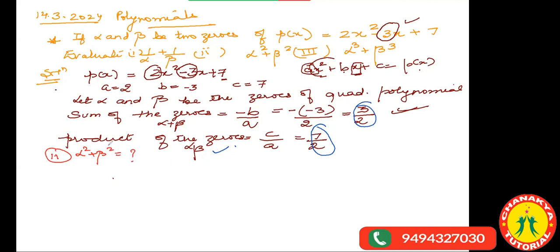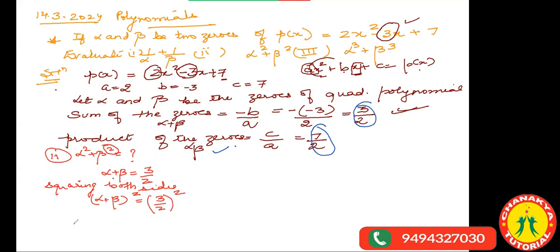So the first thing which comes to your mind is squaring. You have been given the sum of the zeros as 3/2, so we can square both sides. Squaring both sides, alpha plus beta whole square will be equal to 3/2 whole square.